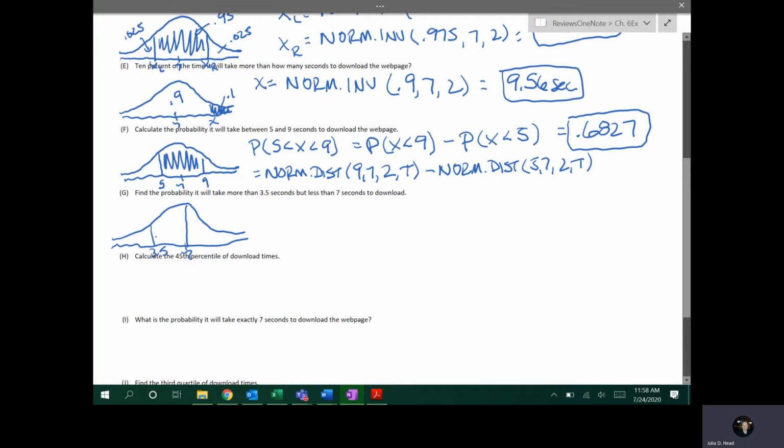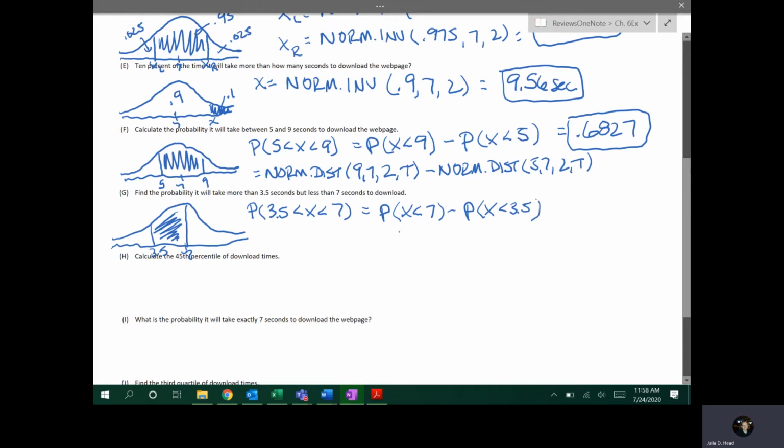And it says more than 3.5, but less than 7, so it's in between. And I'm going to write out the between formula for this specific question and show you why it's not exactly a true between question.